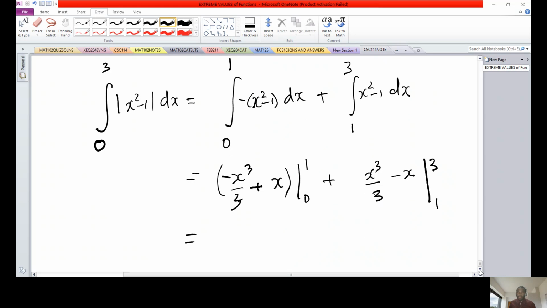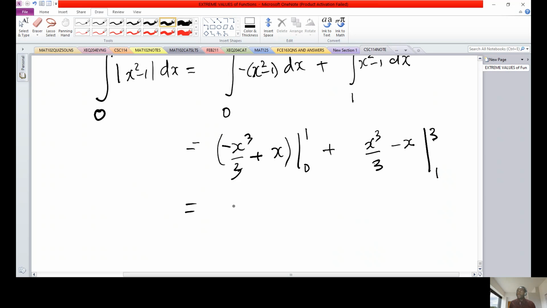So when you put 1 here, you get now negative 1/3 plus 1, because the lower one will be 0, and then plus, so 3 cubed over 3 is 9, minus 3, and then minus (a third minus 1).